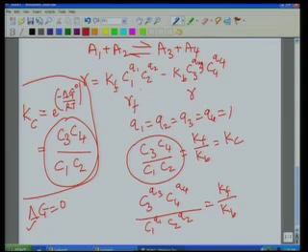In fact, it turns out for a general power law kinetics, they need not actually be all unity.